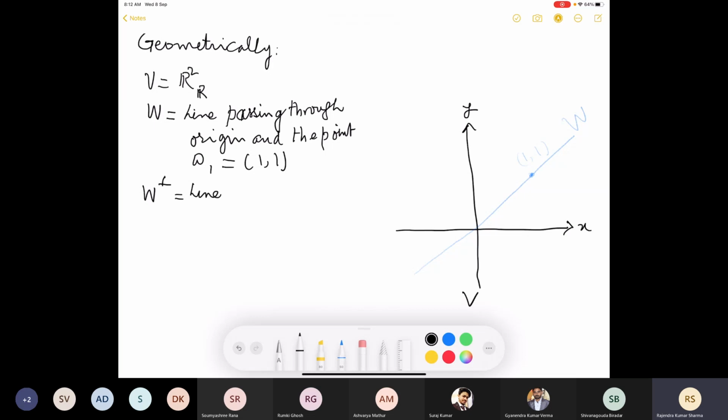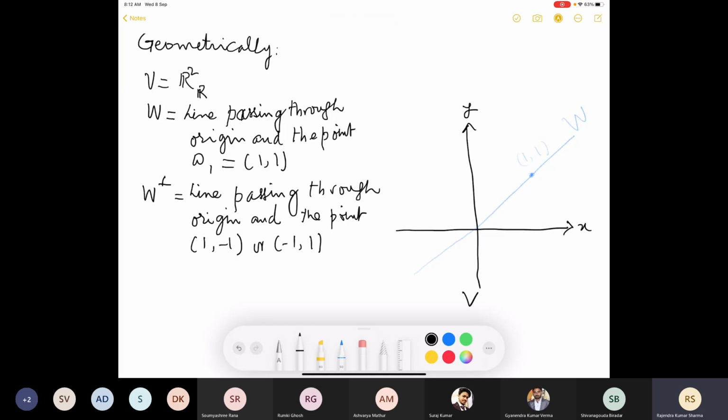You can see this is the line passing through the origin and the point 1, minus 1, or minus 1, 1, which is the same. So you can see that 1, minus 1 is the point somewhere here and minus 1 is somewhere here. So you can check that this is basically the line.